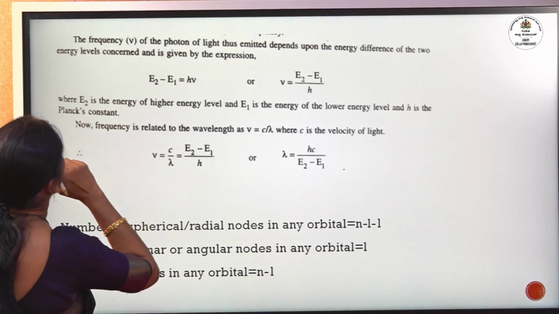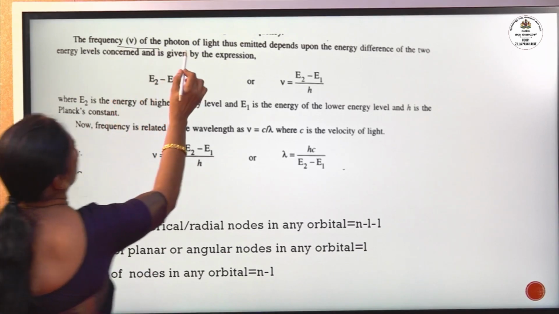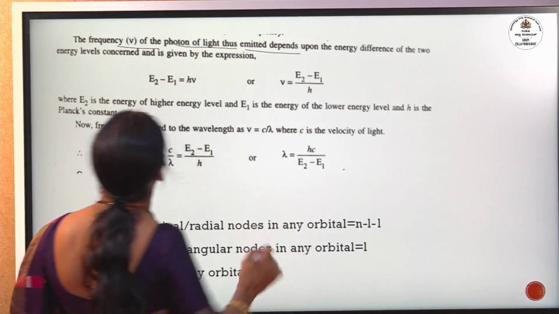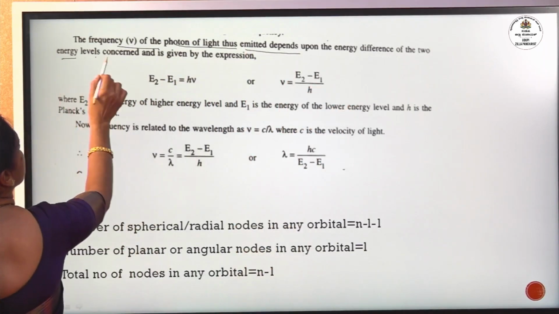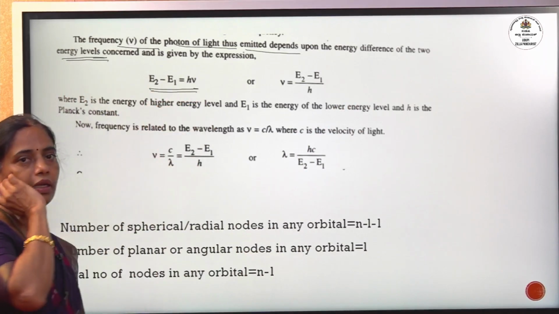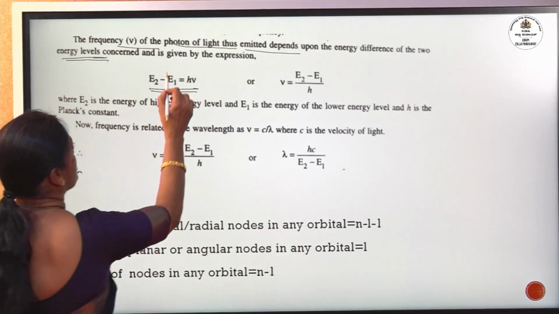Now the frequency nu of the photon of light emitted depends on the energy difference of the two energy levels and can be given by the expression. For the first energy level, the energy is denoted as E1.